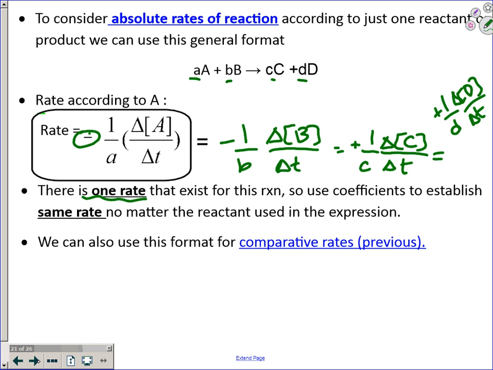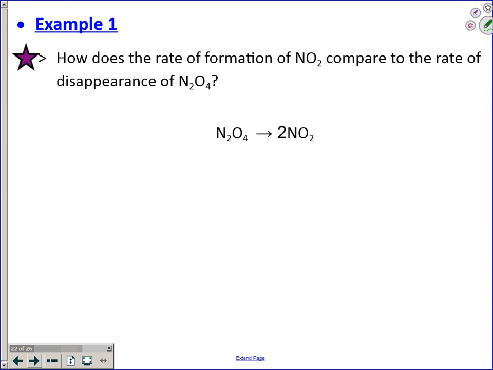Okay, so we're going to talk about this in a second. Actually, right now. I don't think that example's in yours. No. Okay, write down this reaction first, so you have the example in front of you. And then just verbally tell me, in a couple of words, how does the rate of formation of nitrogen dioxide compare to the rate of disappearance of dinitrogen tetroxide?